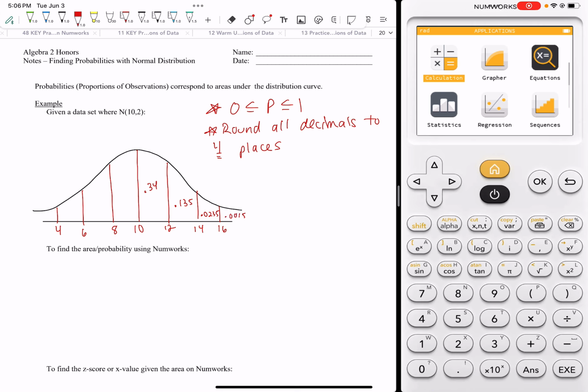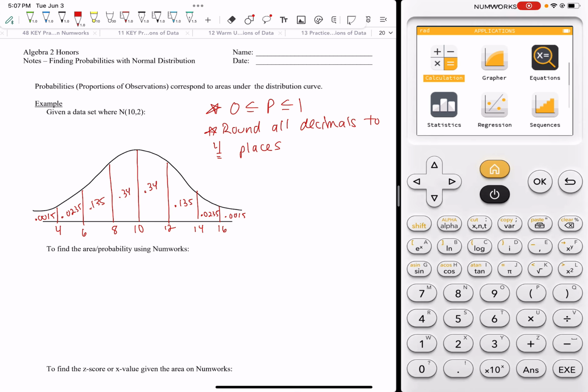I know this is teeny tiny here. Now, quite frankly, you could write the percents in there. It's just when you answer the questions, you'd want to make sure you remember probability is a decimal, okay?